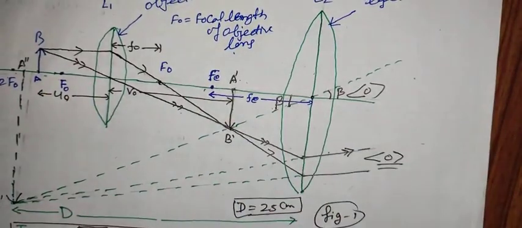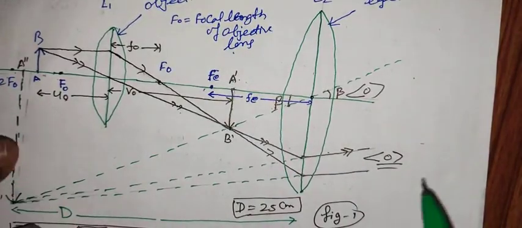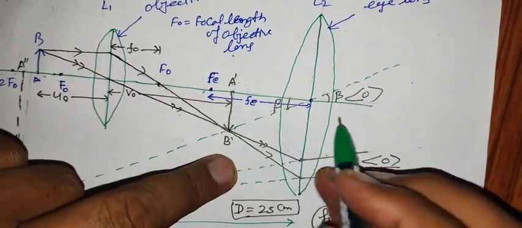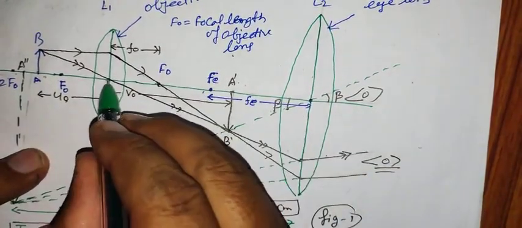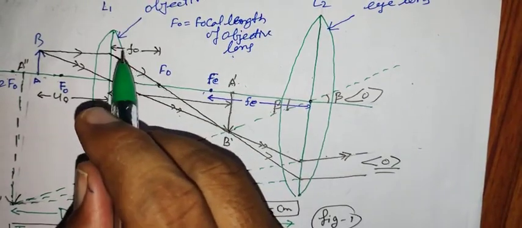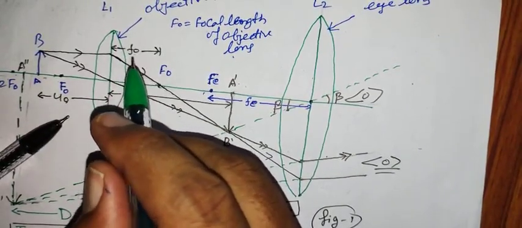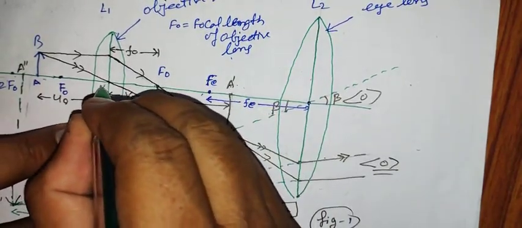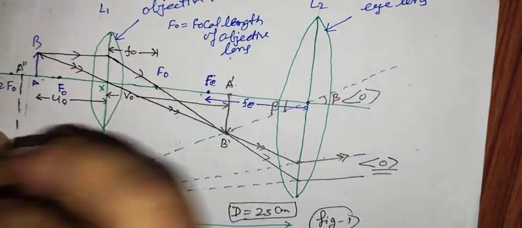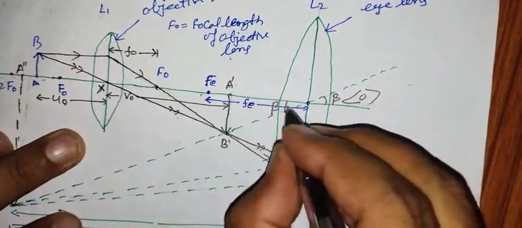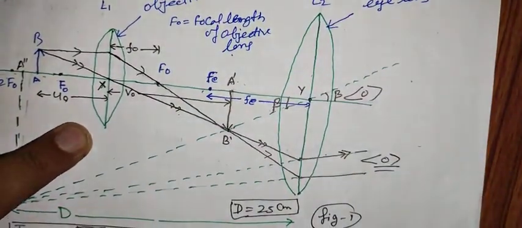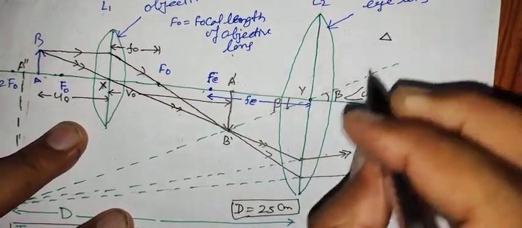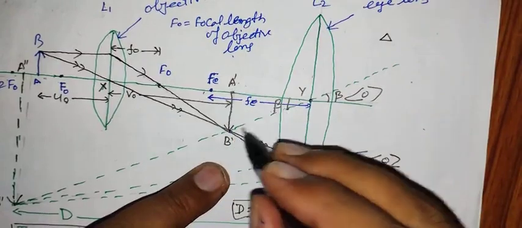Here, to obtain beta, we take two points, X and Y, and take a triangle Y A dash B dash.